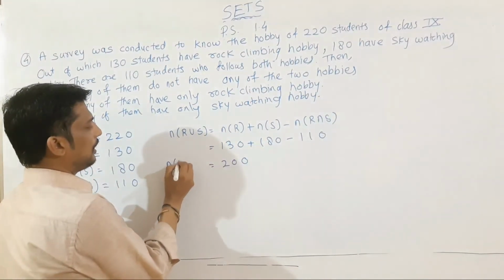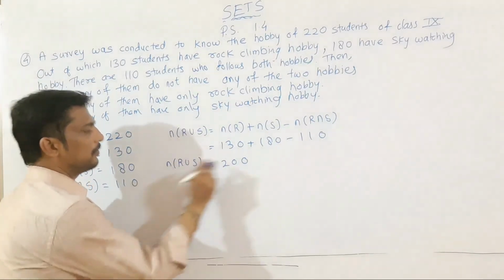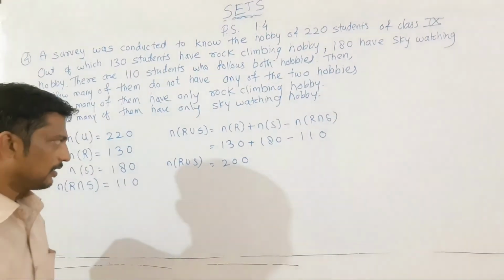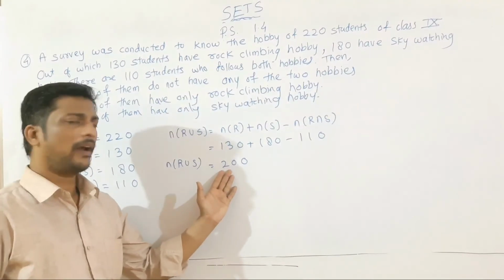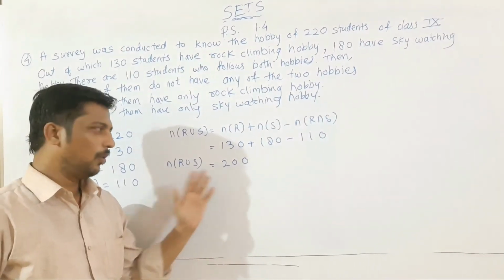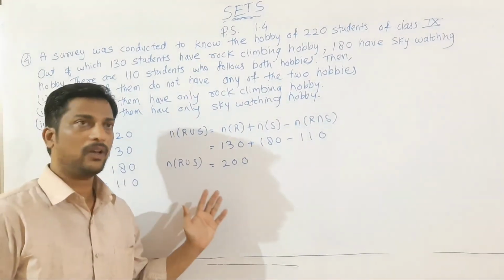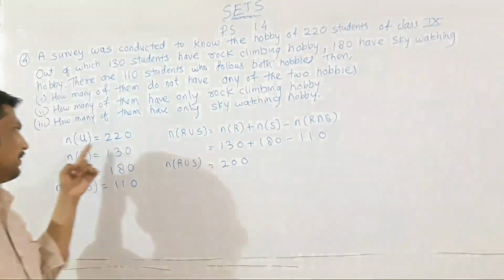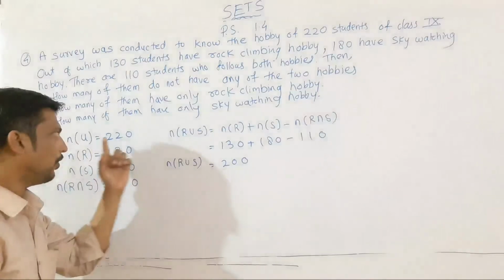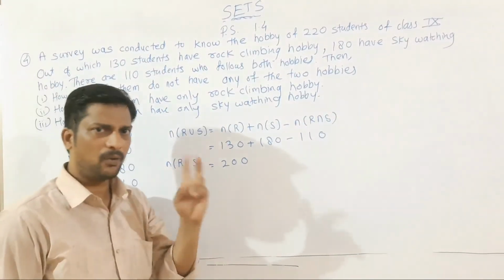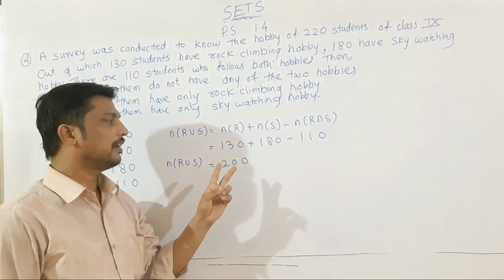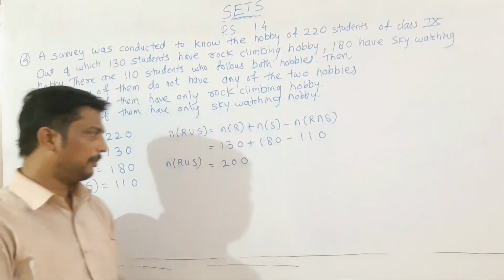So n of R union S is what? 200. That means I have 200 students, those who have hobbies, but I have conducted a survey of 220 students. That means number of universal set was 220. So there are 20 students who don't follow any kind of hobby.